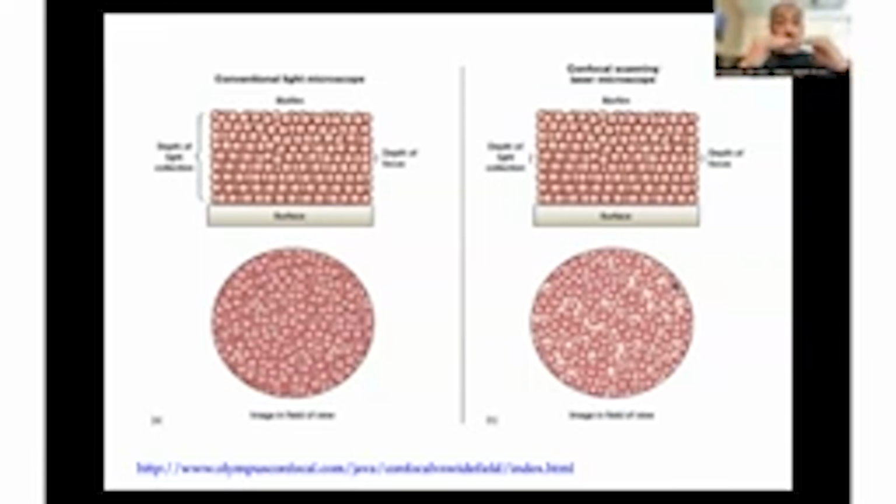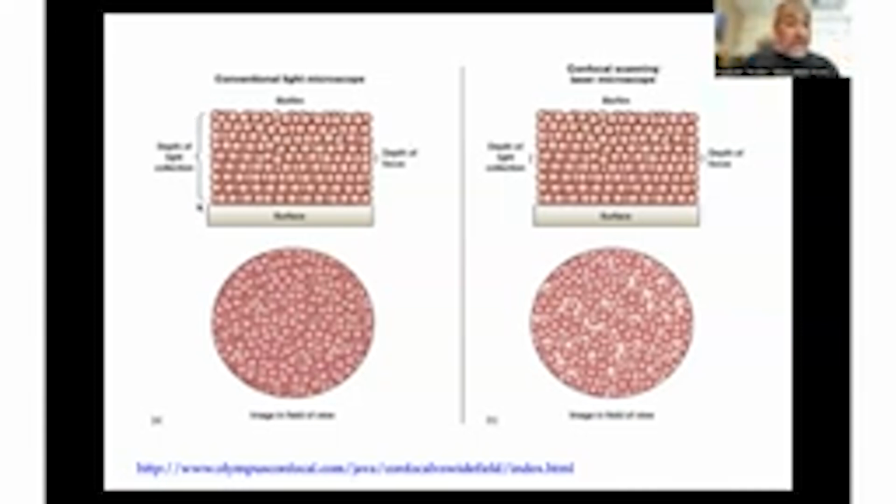And imagine you're visualizing a stack of things like this, a bunch of balls sitting on the surface. When you use the objective to focus, you're focusing actually on a very small area, right? So the depth of focus that you see here is where you're focusing.